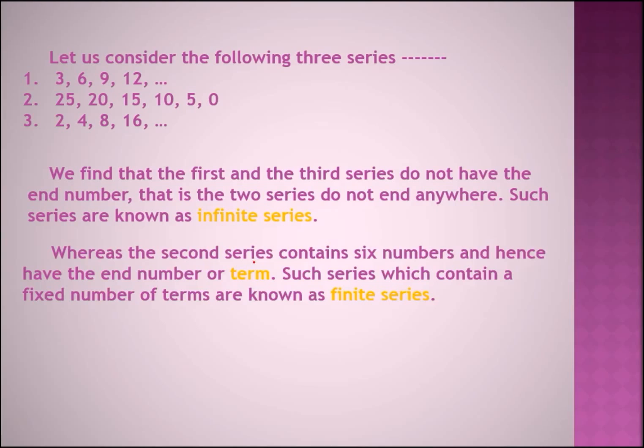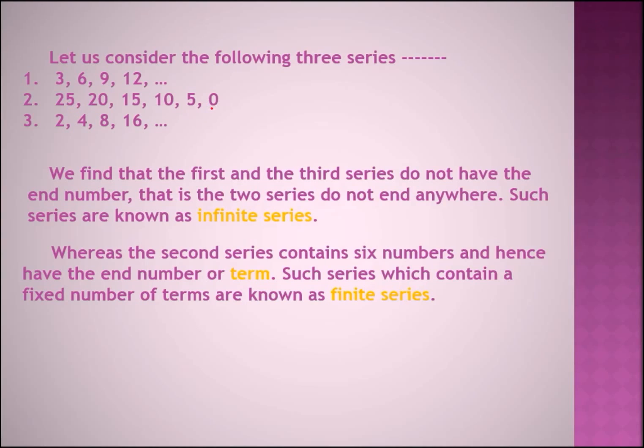But the second series contains 6 numbers. You see, 25, 20, 15, 10, 5, 0. There are 6 numbers present in the second series. And this hence has the end number. The end number is 0. Every number present in any series is known as a term.